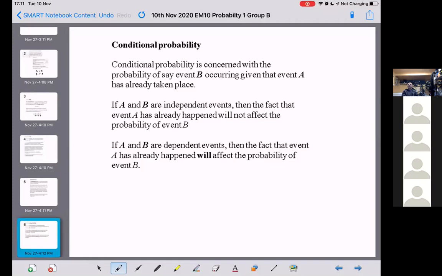If A and B are dependent events, then the fact that event A has already happened, we've taken out 5 transistors, we haven't replaced them, is going to affect the probability of the second event of taking another 5. So that's conditional probability and the differences between independent and dependent events.